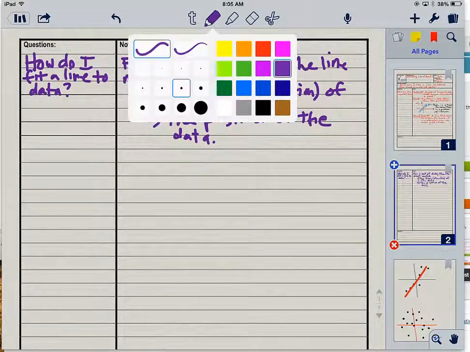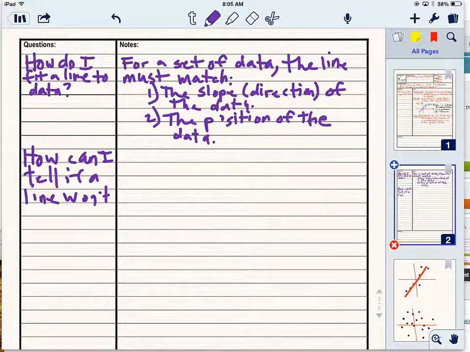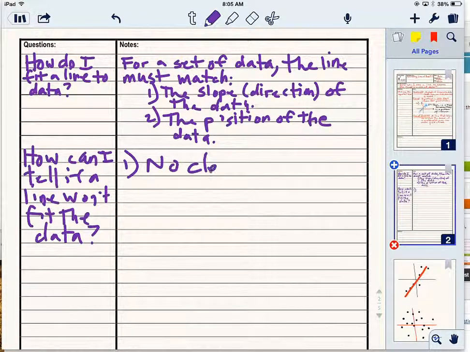One more question to consider. How can I tell if a line won't fit the data? The first thing I can think about is, one, no clear trend is apparent.